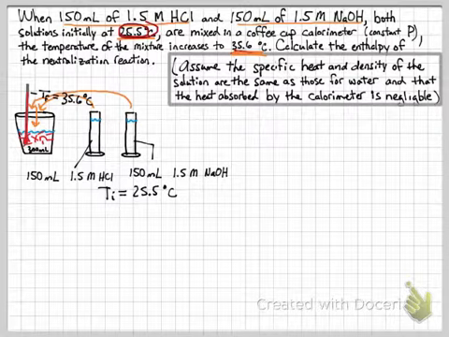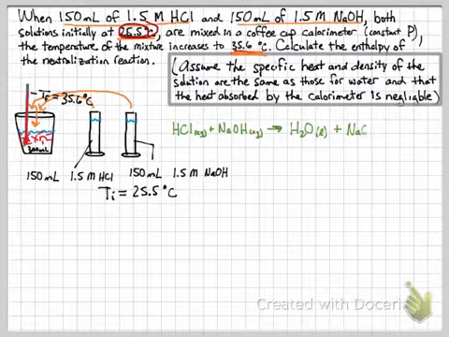So we've mixed the two solutions, the reaction occurs, the temperature of the solution goes up. This means that the reaction is giving off heat. We're going to calculate the enthalpy for this neutralization reaction, and here's the reaction. Neutralization of HCl with NaOH to form water and sodium chloride. That's the reaction that's occurring.